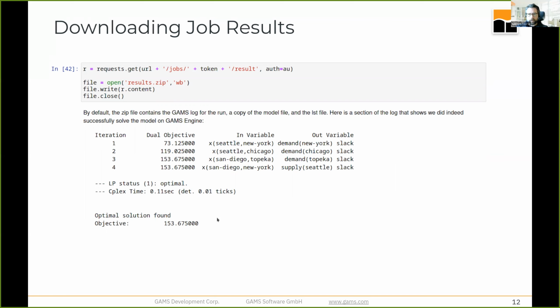And here's a section of the log that shows that we indeed solved the model using CPLEX, which found an optimal solution in 4 iterations. So that's exactly the same output you would see if you were to run GAMS locally on your own machine.